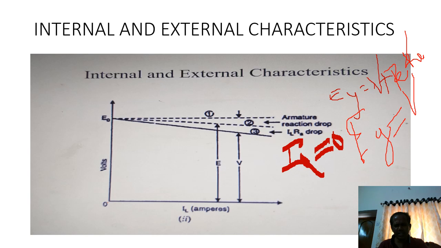This demagnetizing effect causes a drop in the voltage. So E0 is equal to Vt minus Ia Ra. Here you can see the equation.